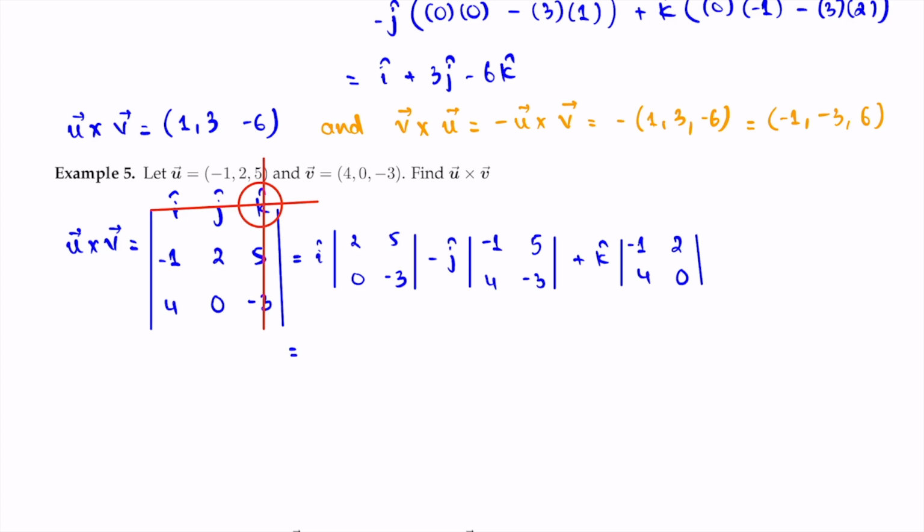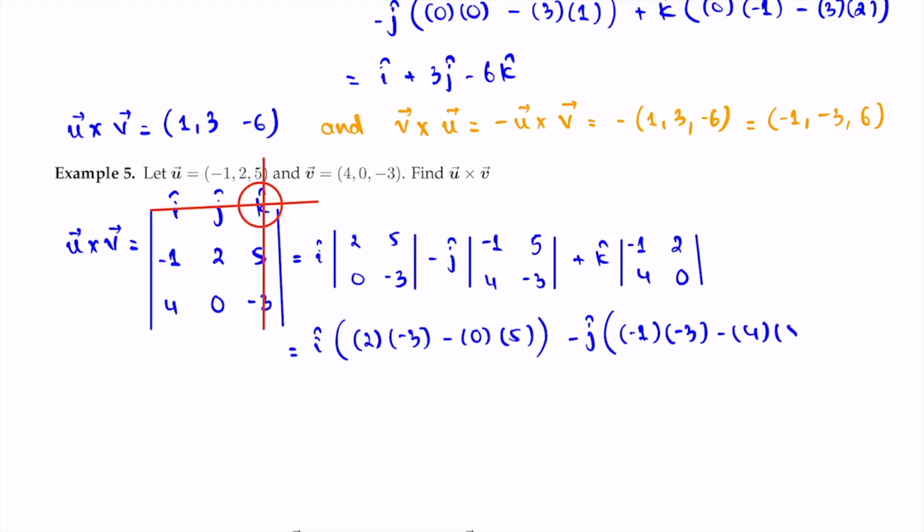Then you calculate the 2 by 2 determinants. So the first term gives you 2 times -3 minus 0 times 5, minus j times -1 times -3 minus 4 times 5, plus k times -1 times 0 minus 4 times 2.